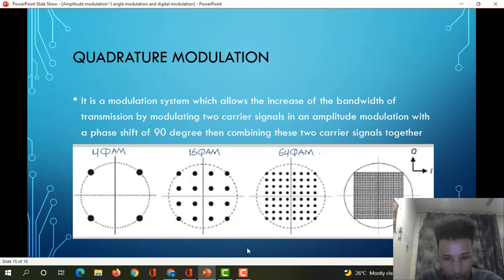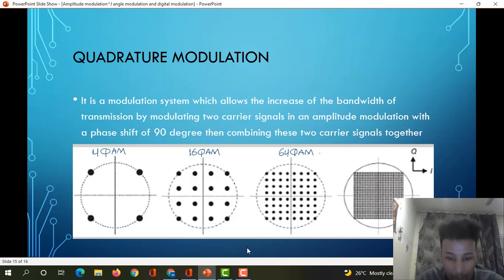The first picture on the left is called 4 QAM. This system contains 4 dots. These dots represent one single data point in the carrier signal, but each dot carries 2 bits of data. For example, 10, 00, 01, 11.